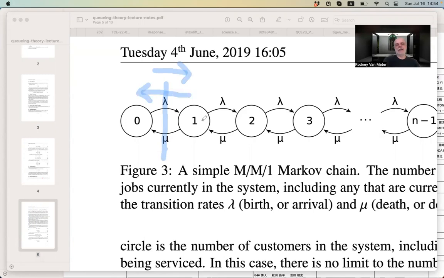So the way we calculate that is lambda for the state 0 times the probability that we're in state 0 must be equal to mu for the state 1 times the probability that we are in state 1.